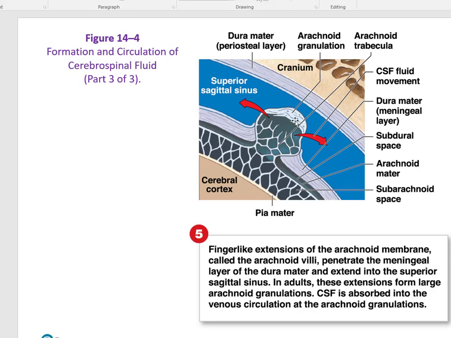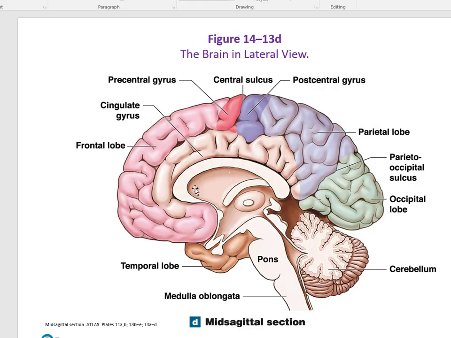So those are the three layers or coatings to the brain, and you should know the flow of your cerebral spinal fluid, where it is located, where it's made, and where it flows. So it goes from lateral ventricle through the interventricular foramen to the third ventricle, through the cerebral aqueduct to the fourth ventricle, and then it can go around the lateral apertures in that subarachnoid space.